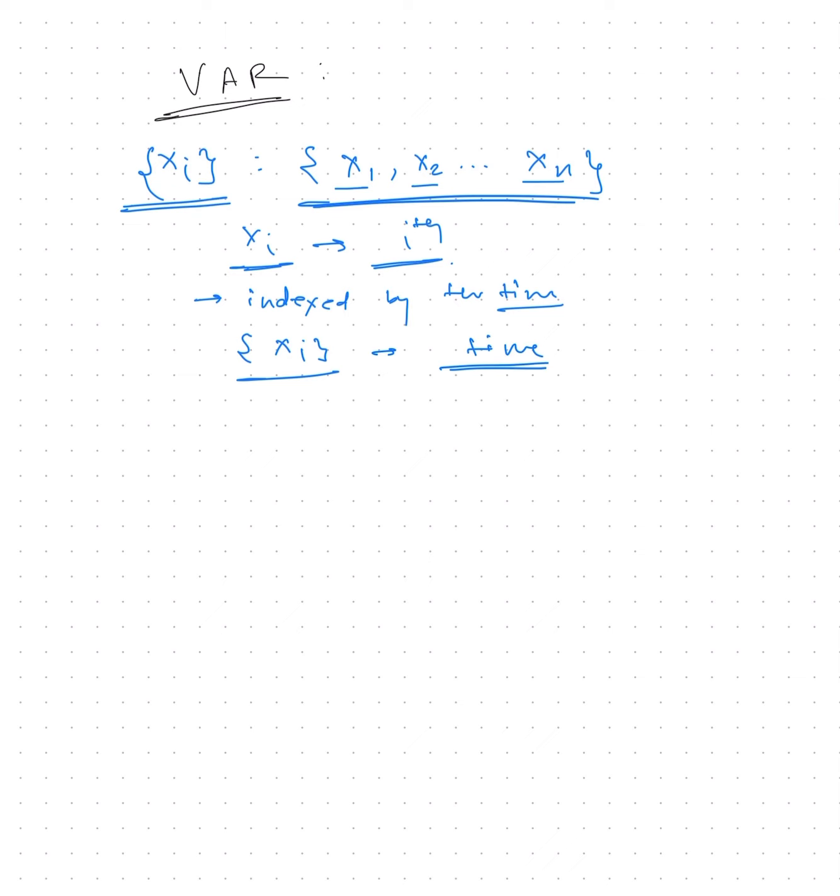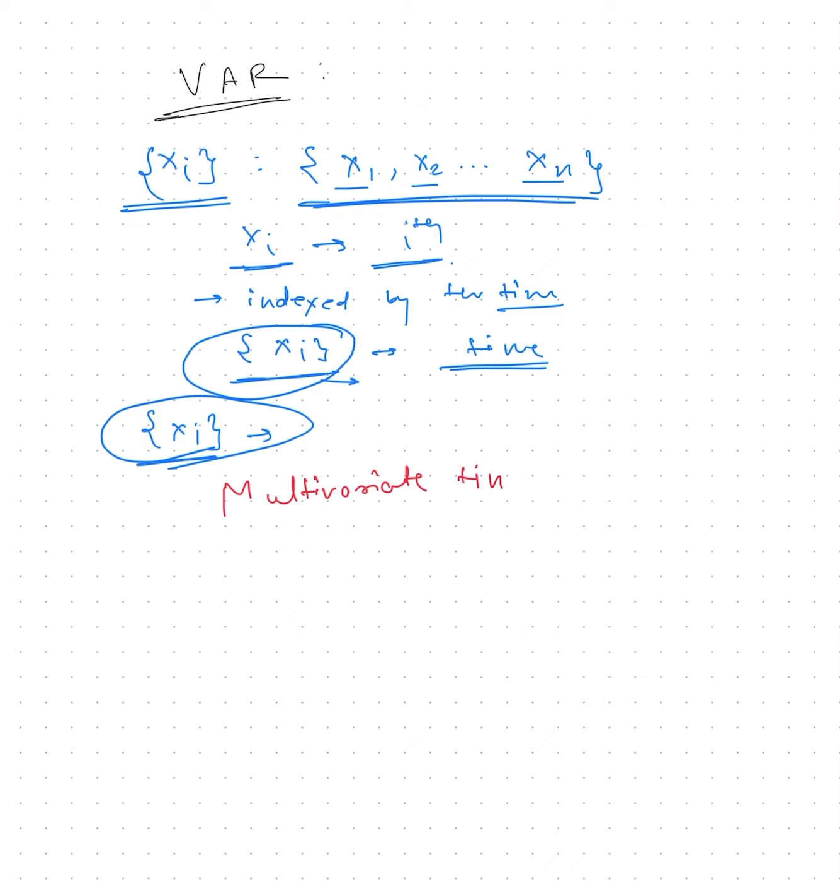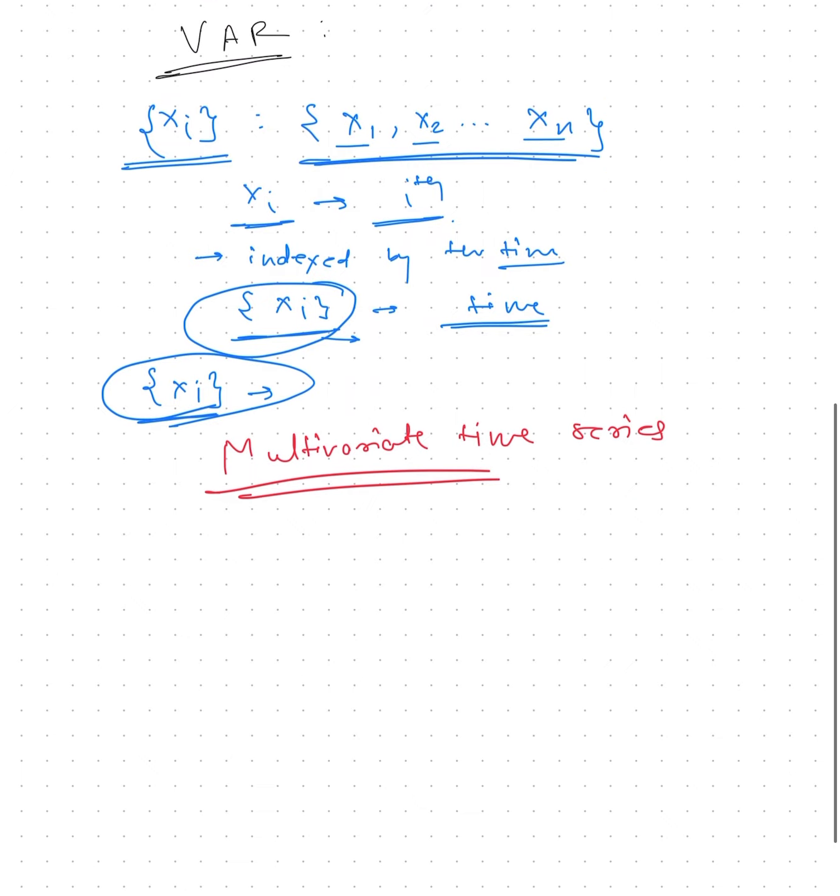Time series analysis is nothing but the analysis of this type of stochastic series or stochastic process, where the random variable is indexed by our time sequence. So xi is our univariate stochastic process. When we are considering a multivariate time series, then we have multiple such stochastic processes.